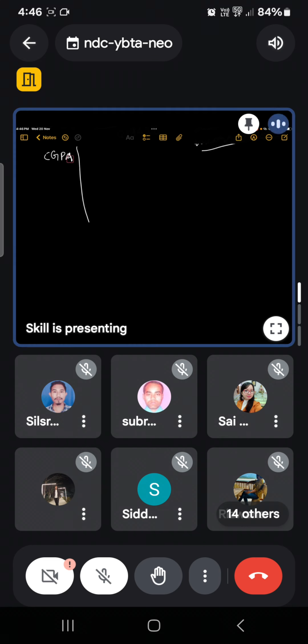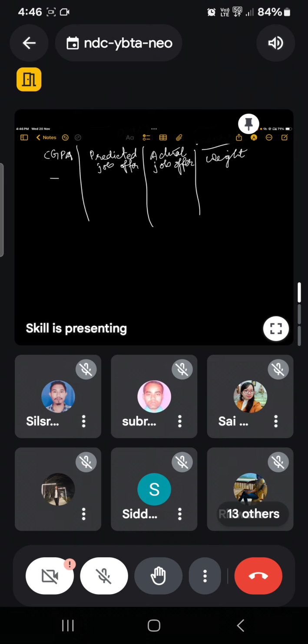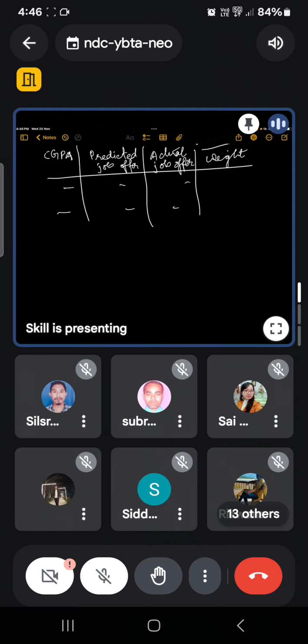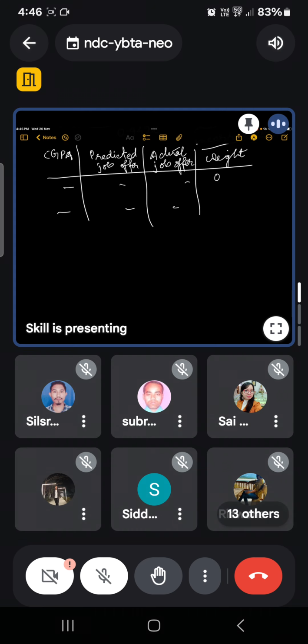It will be the same as the previous table, only we are updating the weights.